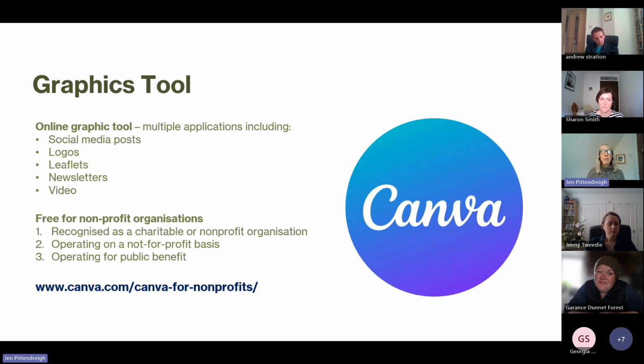When I found out about it, I was very excited, but then I saw it works out at around £100 a year if you aren't a non-profit organisation. I was quite excited to see that they did do a free version, and it's not just a very low-end free version. You're getting the full pro version, so it's superb.